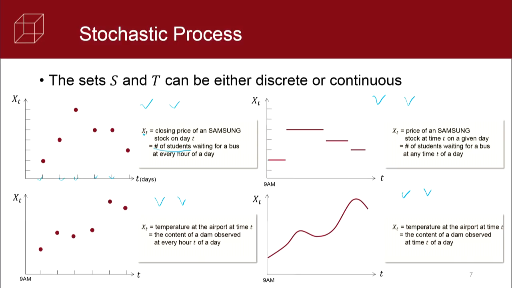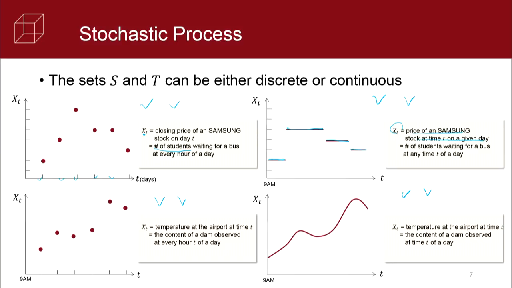So here's the case where S is discrete and T is continuous. Xt is the price of the Samsung stock at time t on a given day. The stock price changes over time, remains here, and then changes to here, here, here, and so on. So here is an example of the case. Or Xt is the number of students waiting for the bus at any time t.